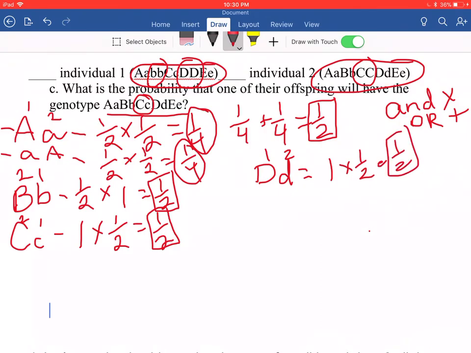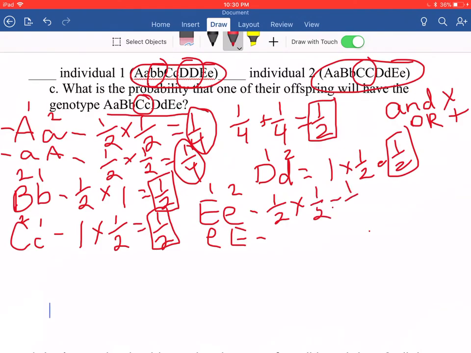Now we have big E, little e. And this is going to be a similar scenario to what we did for A, because both individuals are heterozygotes here. This can either be by individual 1 and individual 2, or this is also a possible scenario. So we have to calculate these differently. The probability of big E from individual 1 is a half, and the probability of individual 2 passing on little e is a half.